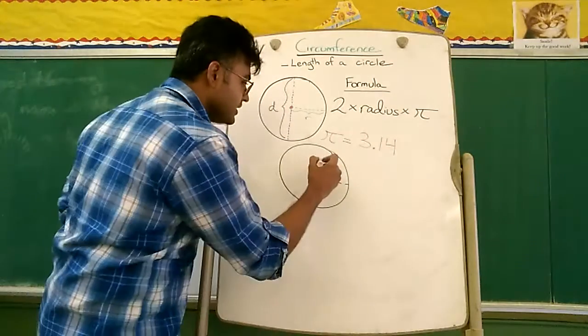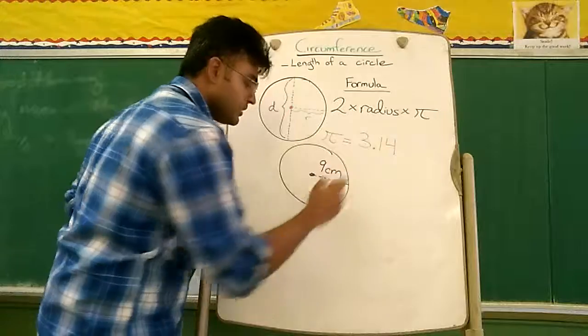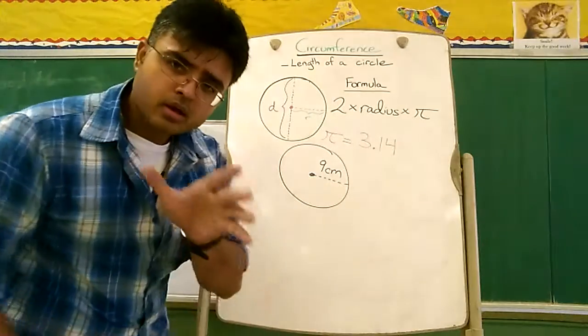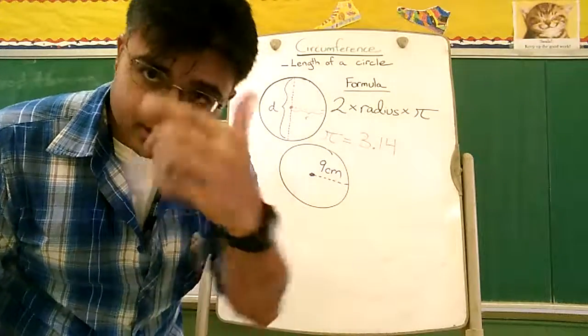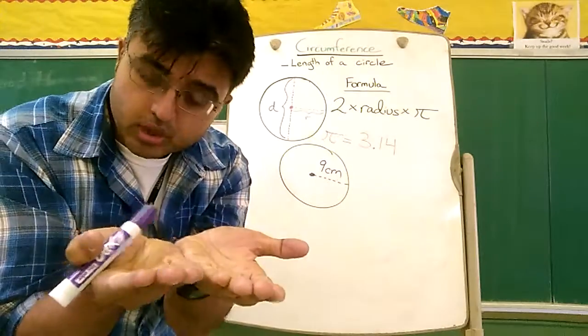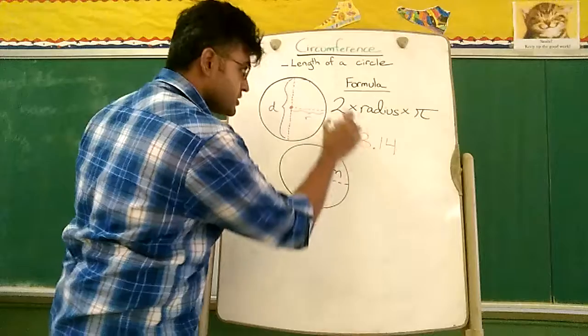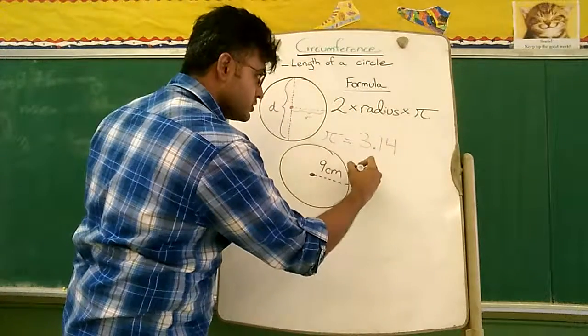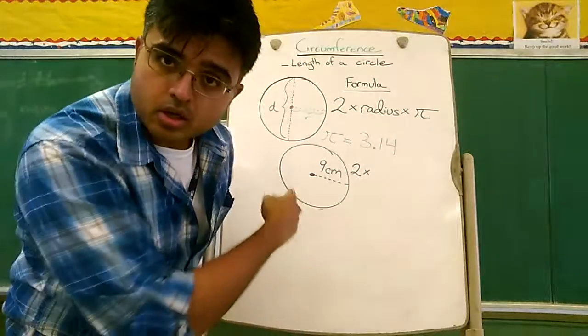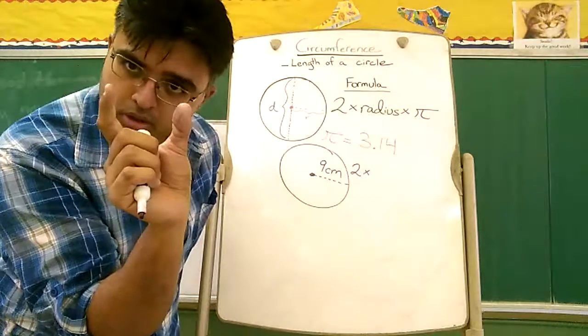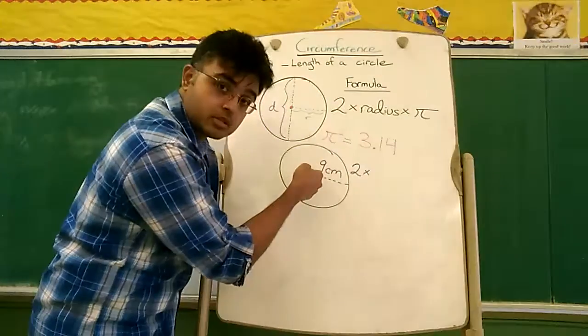You got it. 9 centimeters. Using this information, I'm going to find out the length of the whole circle. Let us use our formula. The circumference is equal to 2 times radius. What is the radius? The small line of the circle? 9 centimeters.